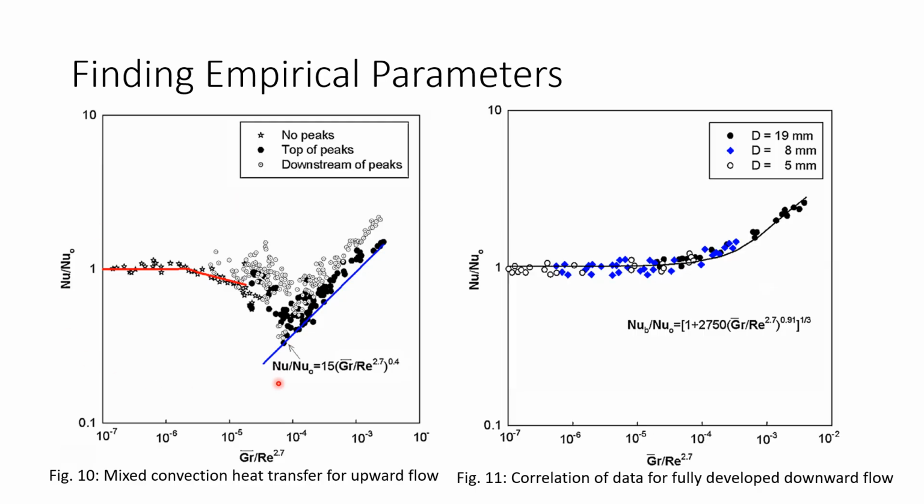The first one is for upward moving flow, and for the number of peaks, the top of the peak, and downstream of the peak, the ratio of Nusselt number to the Nusselt number without buoyancy force is plotted against the ratio of Grashof number to Reynolds number to the power 2.7. So they got these correlations by fitting the data here, and the behavior of upward moving flow is significantly different from the behavior of downward moving flow, and the expression which they got after fitting is also different for this.